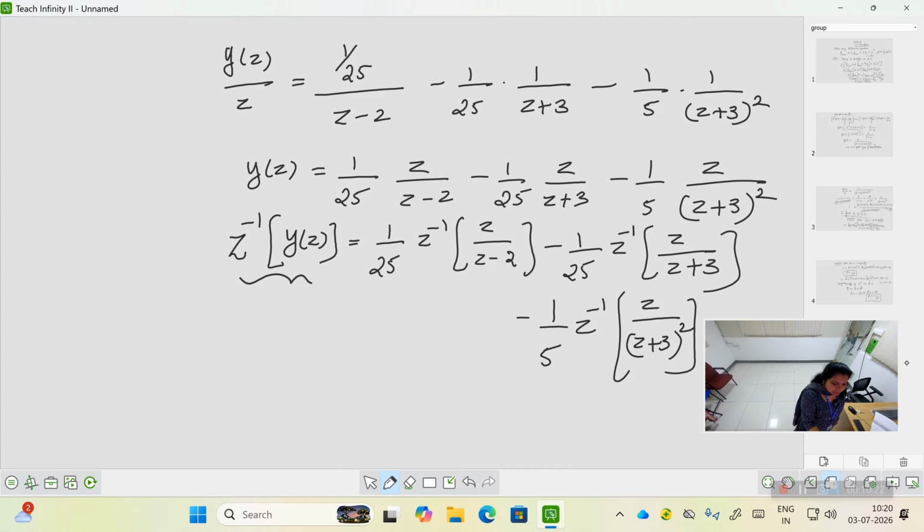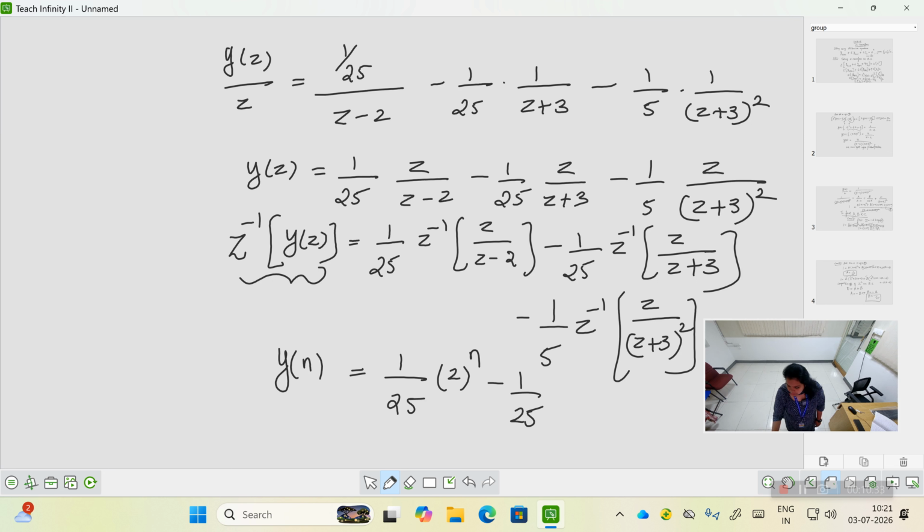So this is nothing but y of n, because the n value is our formula. So this is 2 power n, the formula. This is also plus is there, so we'll write it as minus 3 power n, minus 1 by 5. You're having square, so n into minus 3 to the power n minus 1.